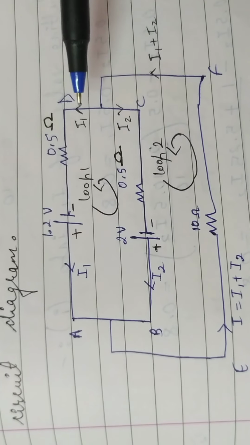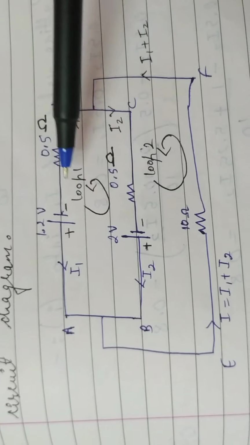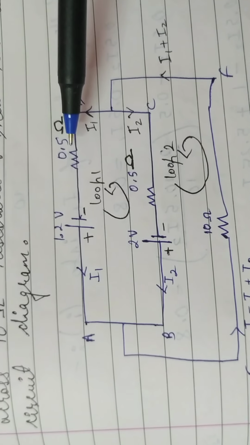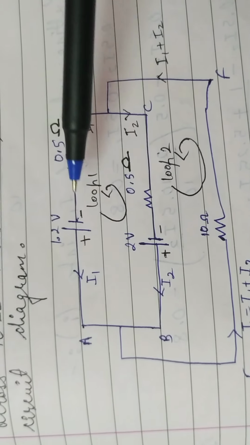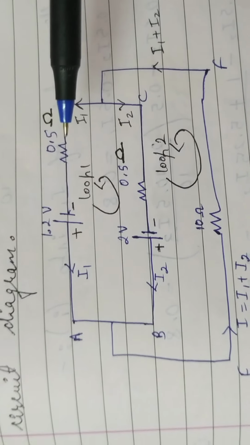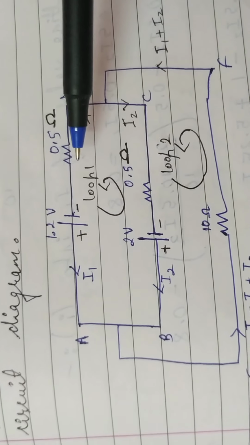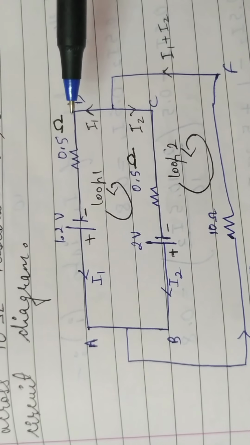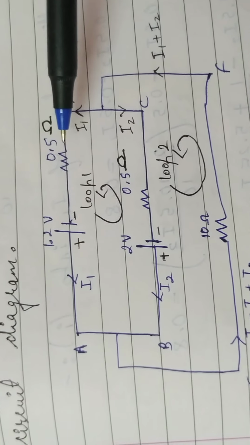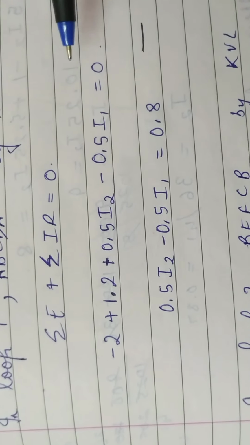From C to D there is no potential drop, but from D to A, resistance is 0.5 ohm and current is I1, so the drop is 0.5 into I1. The direction of traversing is from D to A and the direction of current is also from D to A, so this drop is negative and it is written as minus 0.5 I1.